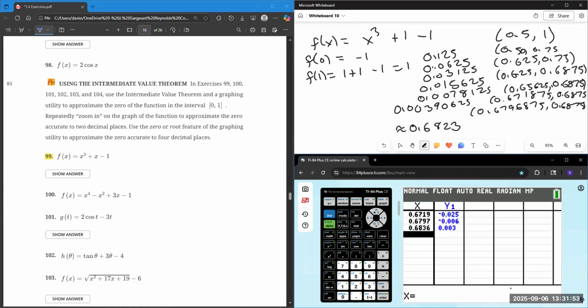So that's my new right-hand side: 0.6796875 to 0.683599375, and this rounds to 0.68, and that rounds to 0.68, so this is approximately 0.68. Then I use the calculator to round it to 4 decimal places, and it's 0.6823.